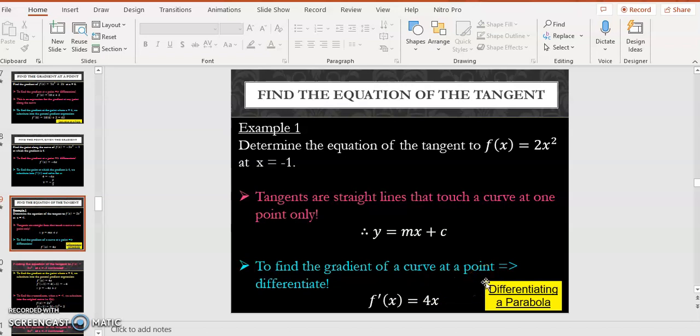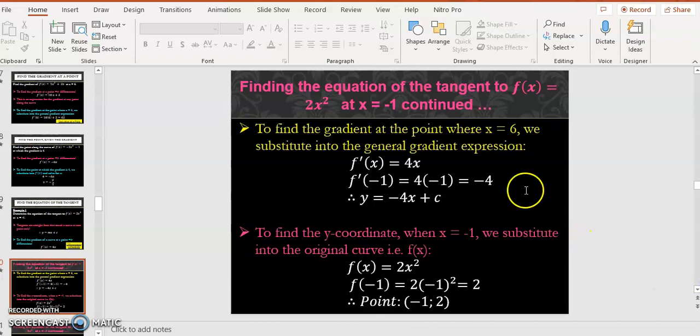Alright, then we substitute negative 1 into the first derivative. That is going to help us to get a gradient. So if you substitute into this, our x is what?